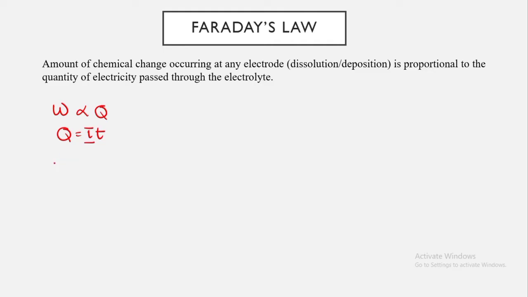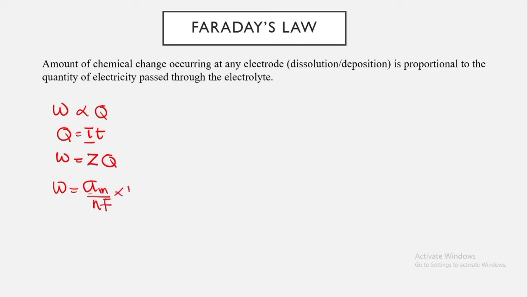And when we do substitution, W will be with a constant. In this case, let's take the constant to be Z. Therefore, W is equal to Z times I t, where Z is the electrochemical equivalent, which can be expressed as the atomic weight all over the number of electrons transferred times the Faraday constant.